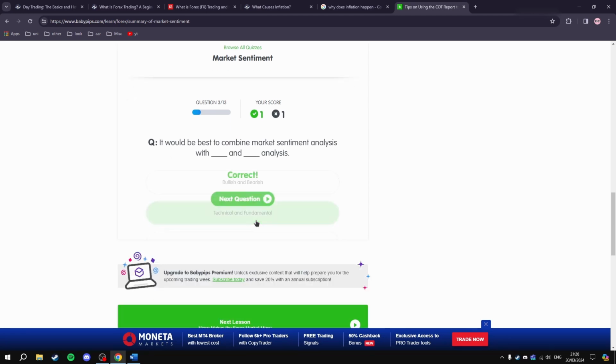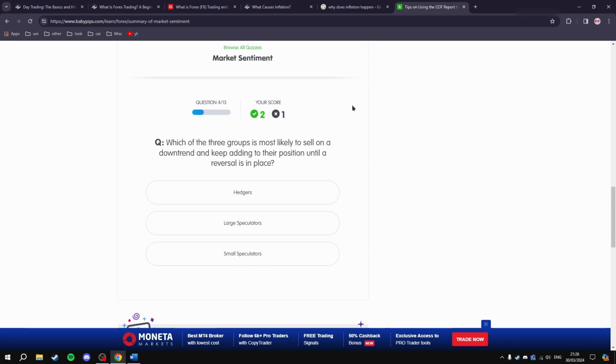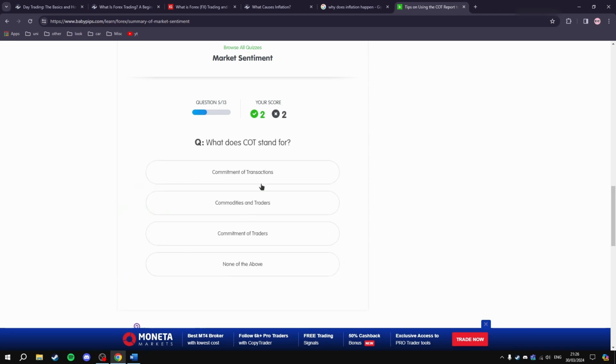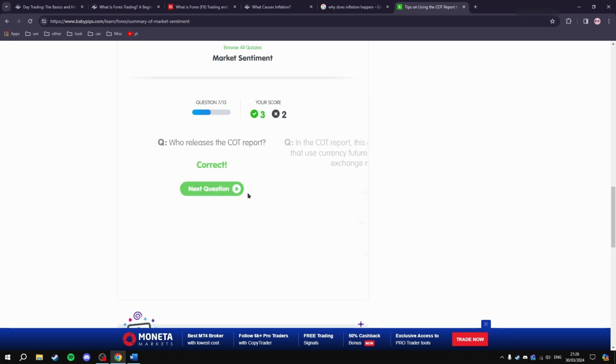It will be best to combine market sentiment analysis with something and something analysis. Technical and fundamental analysis. Which of the three groups is most likely to sell on a downtrend and keep adding to their position until reversal is in place? Small speculators. Oh no. What does the Commitment of Traders report? Commitment of Traders. Who releases the Commitment of Traders report? CFTC.